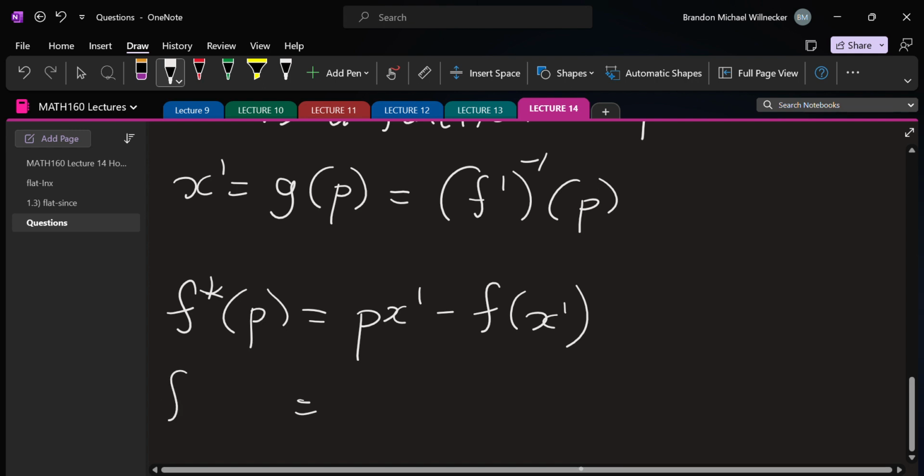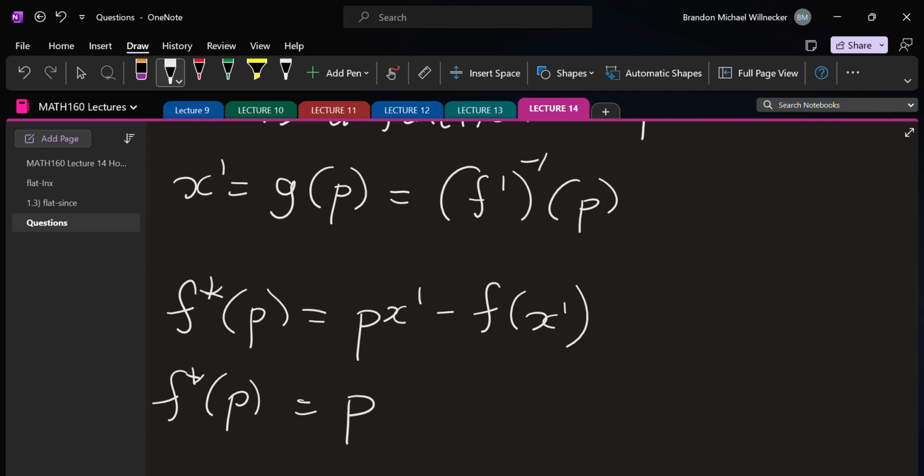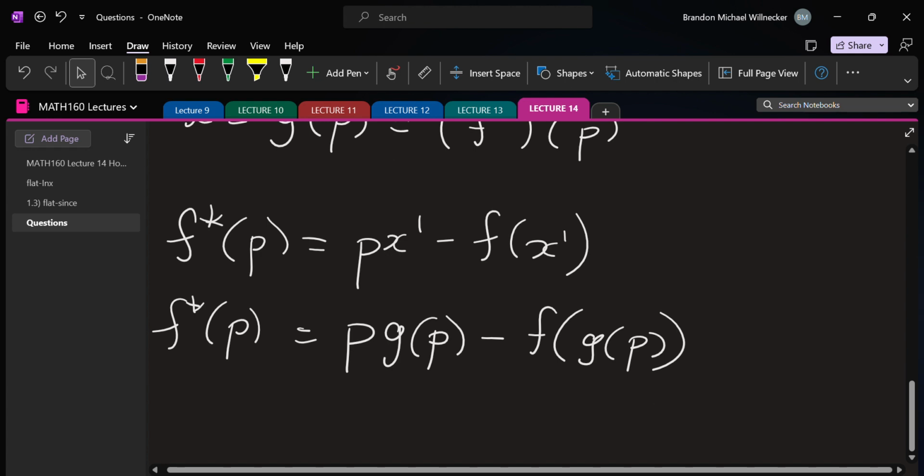Let's substitute: f star of p is p times x prime, which I'll call g of p, minus f of g of p.